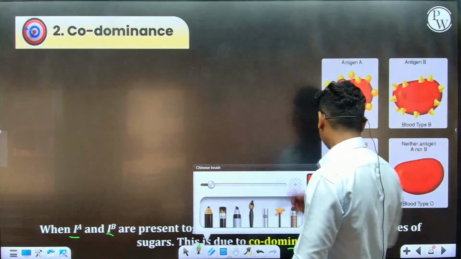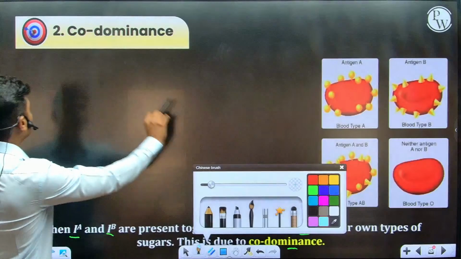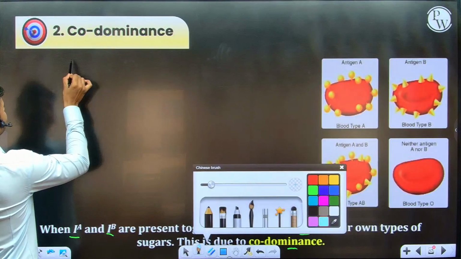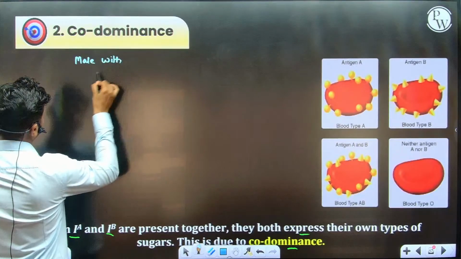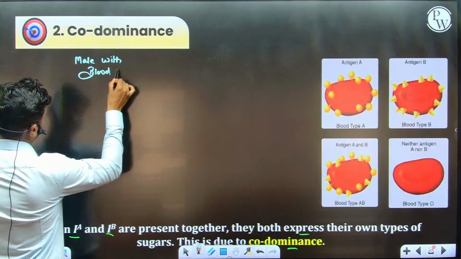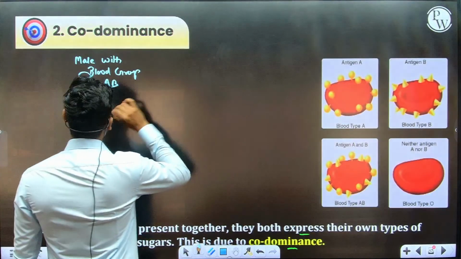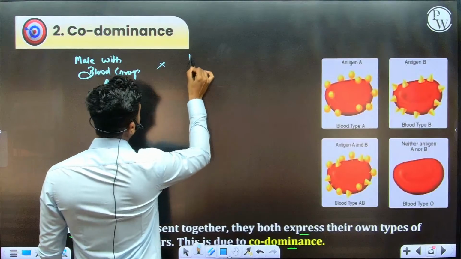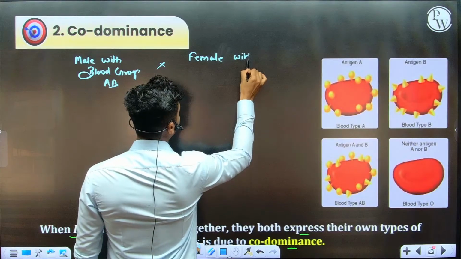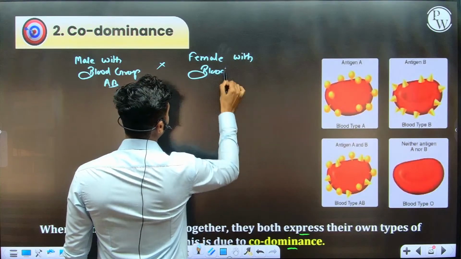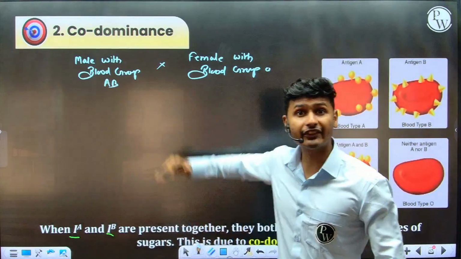Now let's discuss a cross for this topic. If we say a male with blood group AB married with a female with blood group O. What is the question in front of you?